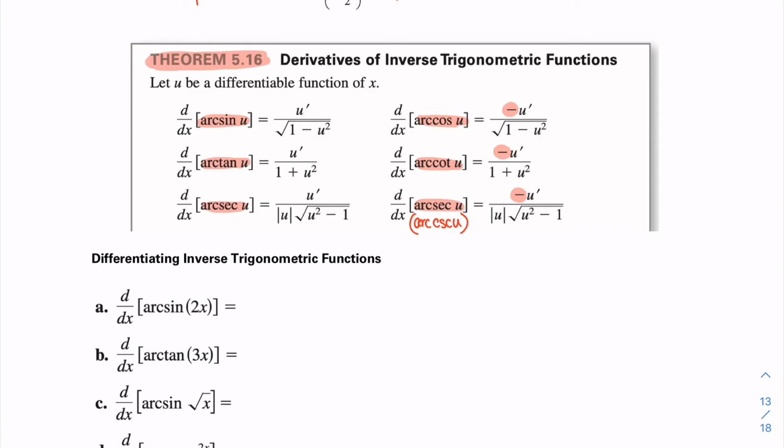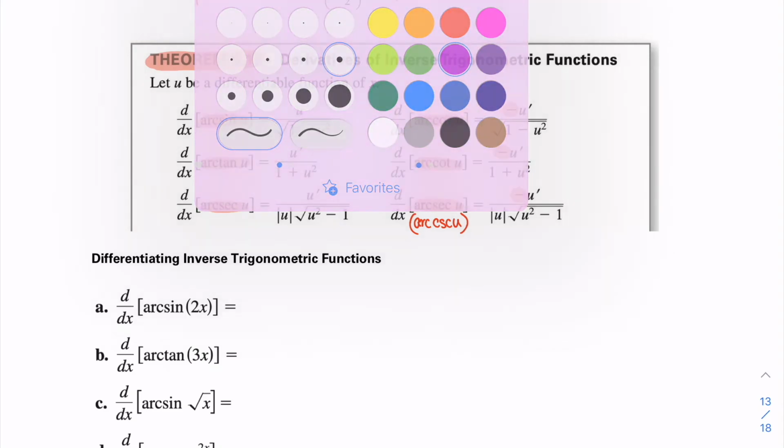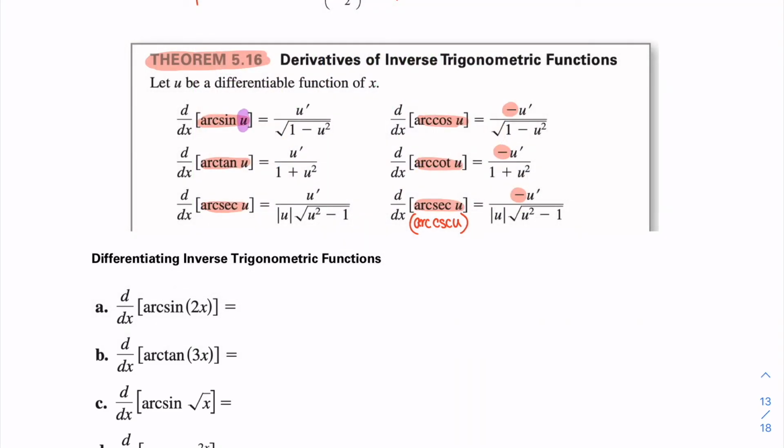The easiest case is when the inside function u is x only. If u is x, then u prime will be 1, so all the u prime in the numerator will be 1. So the derivative of sine inverse of u is u prime over the square root of 1 minus u squared. Tangent inverse of u is u prime divided by 1 plus u squared.